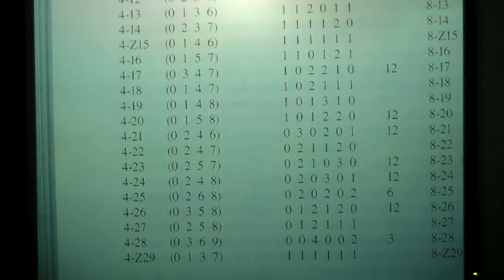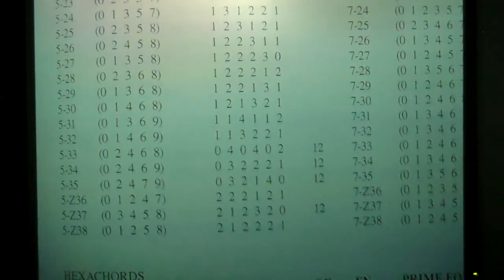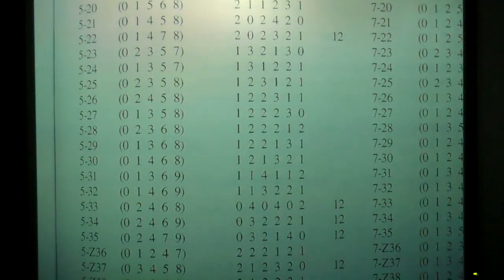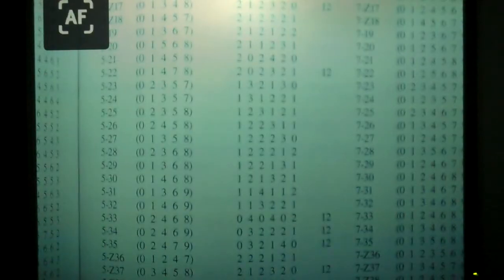For instance, if I were to go to the pentachords, which is on page 561 of your book, let me shrink it just a little bit here.